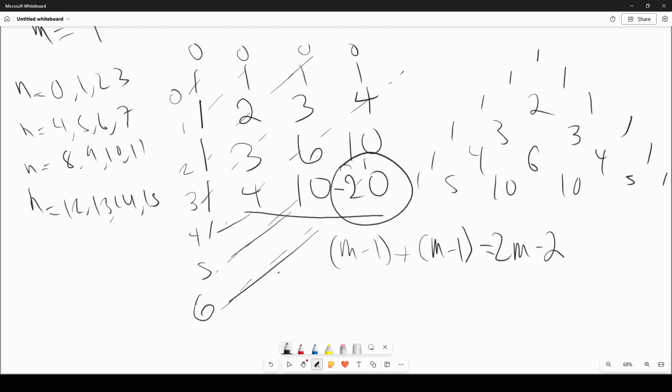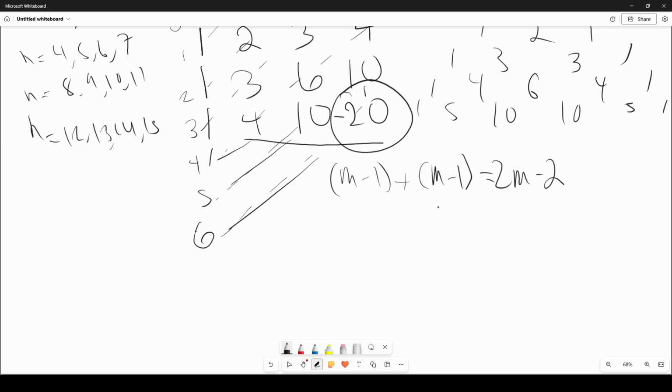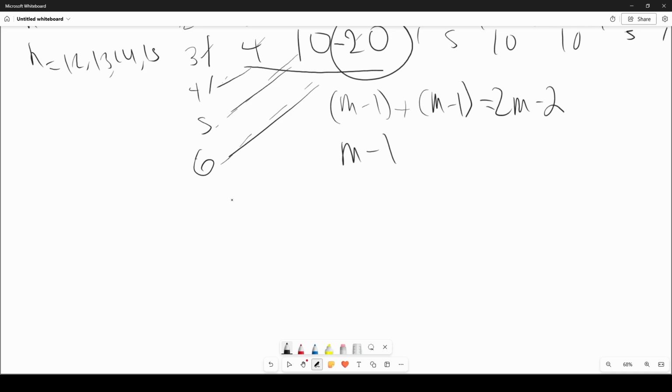So you might realize that this is dead center in the row. There are the exact same numbers before it as there are numbers after it, which means it has to be in the center. So in fact, if the row number is 2m minus 2, the center is that divided by 2, or it's the m minus 1th number, where you start at 0.